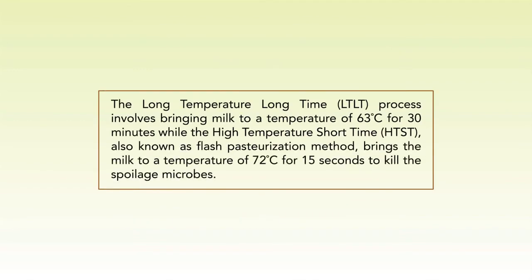The low temperature, long time process involves bringing the milk to a temperature of 63 degrees Celsius for 30 minutes, while the high temperature short time, also known as flash pasteurization method, brings the milk to a temperature of 72 degrees Celsius for 15 seconds to kill the spoilage microbes.